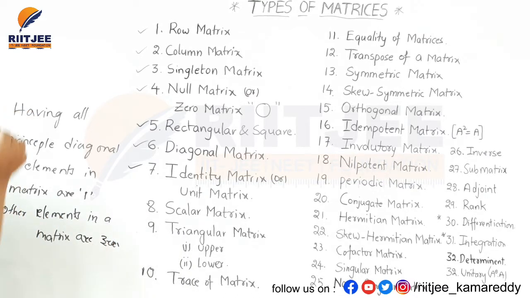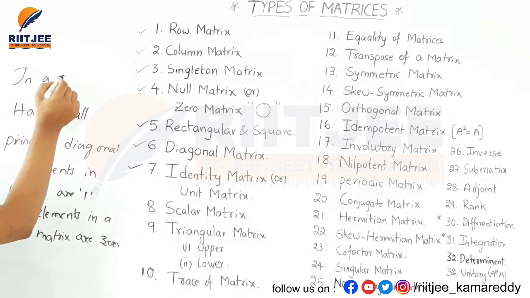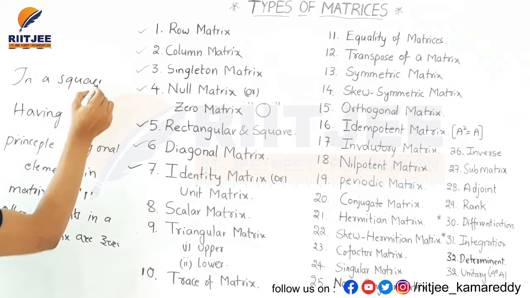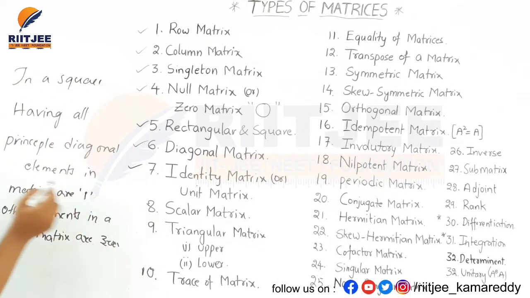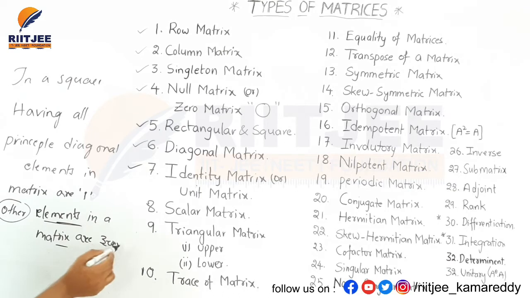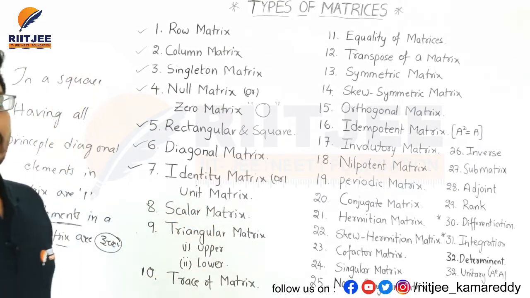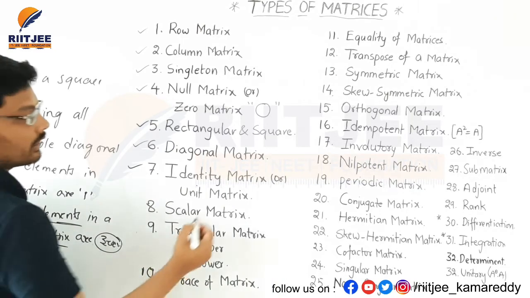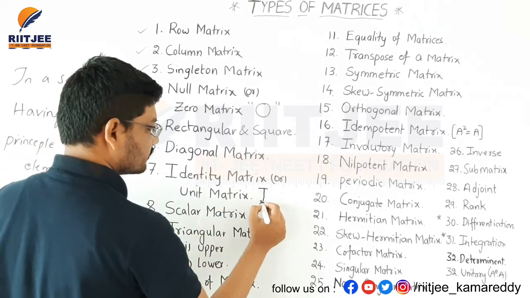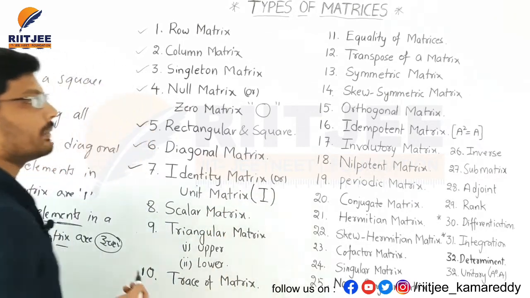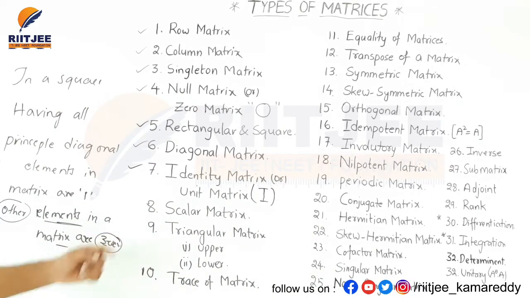Here in a square matrix, having principal diagonal elements as 1 and all other elements as zeros is called an identity matrix or unitary matrix. An identity matrix is denoted by capital I.